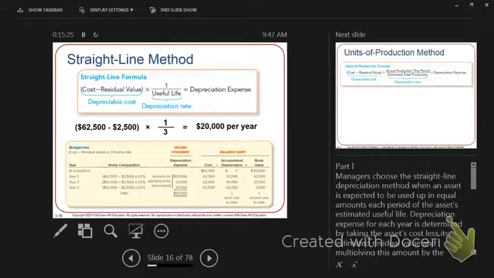Which is going to give me 13,889, which is going to give me 55,556, which gives me 69,44. And yes, double declining can have some wacky numbers when you have something like 2/3.